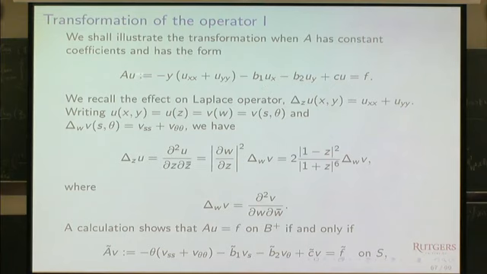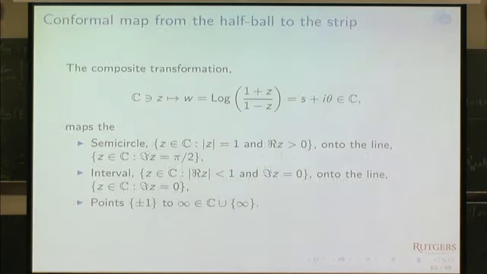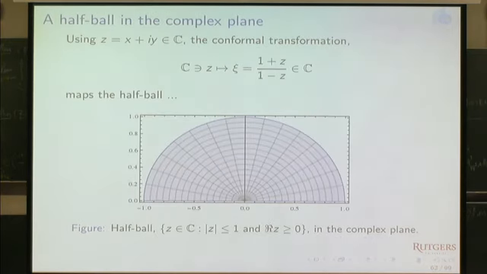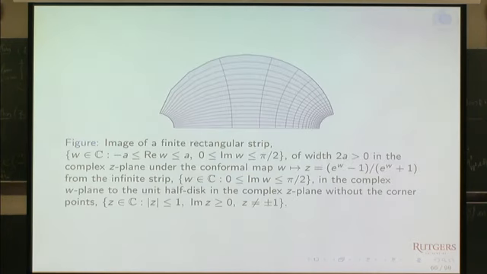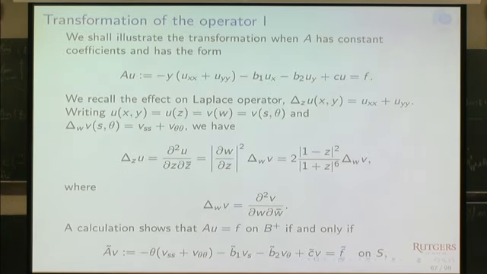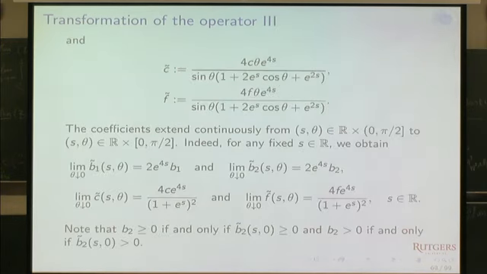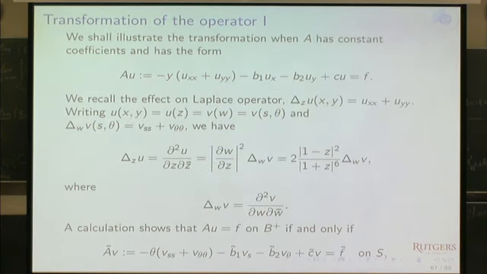This is the form of the PDE on the half ball in the usual coordinates. The mapping I'm using is just the usual one, taking the half ball to the quadrant and then to the plane. If we do that map to change coordinates in this model PDE, it turns out that in the new coordinates given by that conformal map, it looks like this.